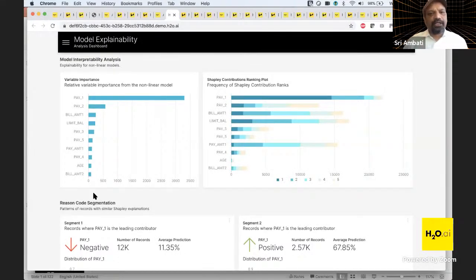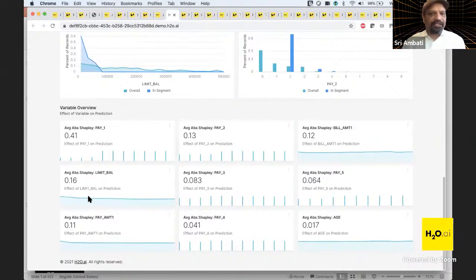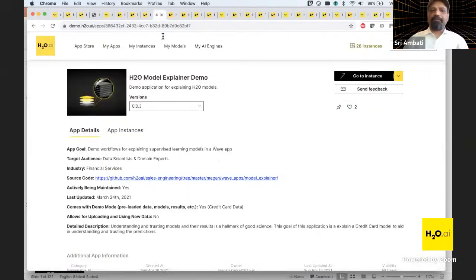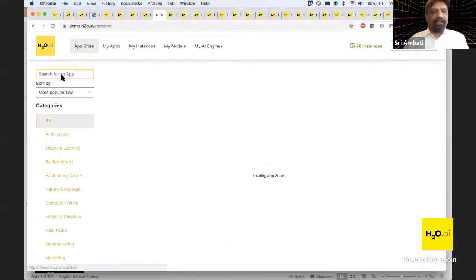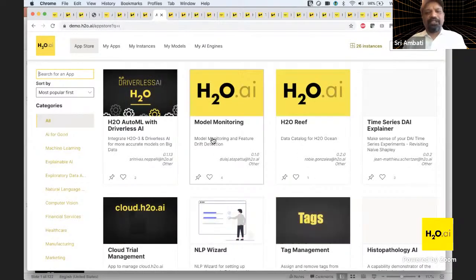There are Shapley values, as you would get from our Driverless AutoML framework, and again, this was built by one of our data scientists. The ability to build these apps is very easy. It's not necessarily difficult to build these apps.